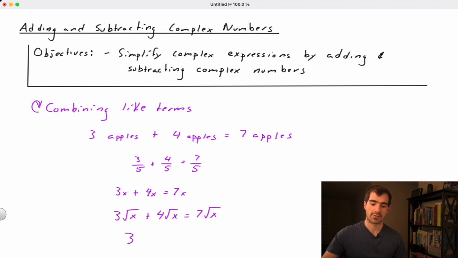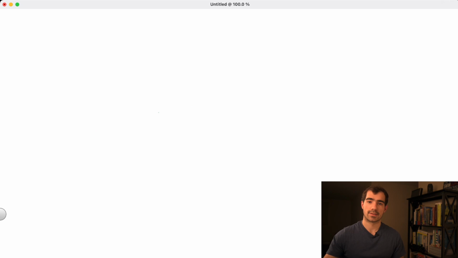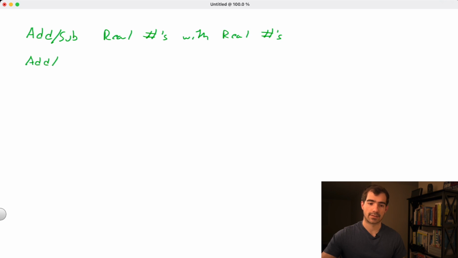In other words, 3i plus 4i will equal 7i. And so keeping in mind that big picture, adding and subtracting complex numbers really just comes down to adding and subtracting the real numbers with other real numbers, and adding and subtracting the imaginary numbers with other imaginary numbers.